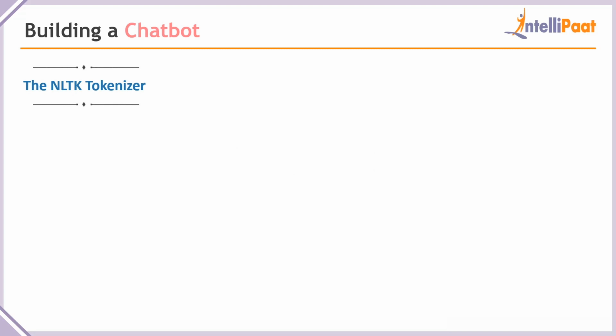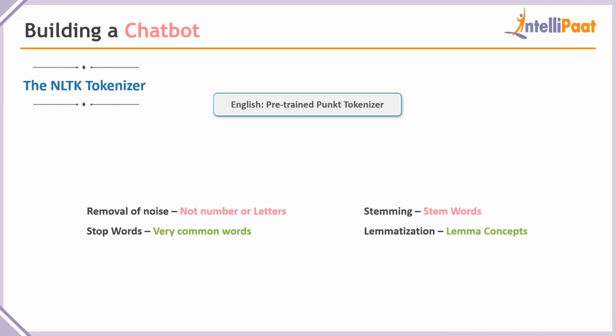When we talk about how it works in NLTK, we have the NLTK tokenizer. Since we're working with the English language here, there is a pre-trained Punkt tokenizer which is present as part of the NLTK library.